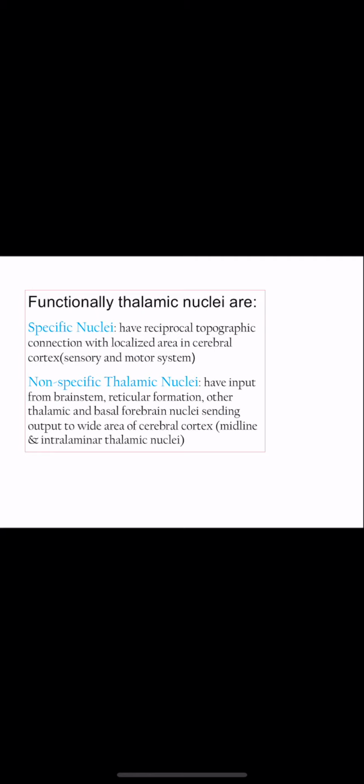Functionally speaking, again, we can divide the nuclei of the thalamus into two main categories, the specific and the non-specific. The specific are concerned with the reciprocal connection between the thalamus and the cerebral cortex per se, while the non-specific thalamic nuclei have input from different extrathalamic regions like the reticular formation in the brainstem, the basal forebrain, and other parts.